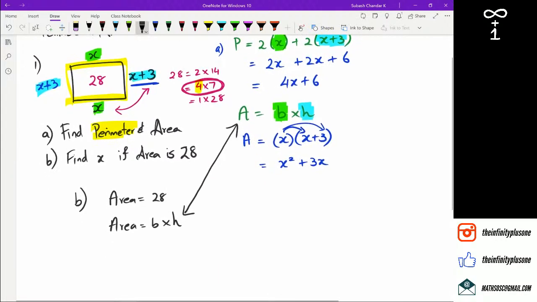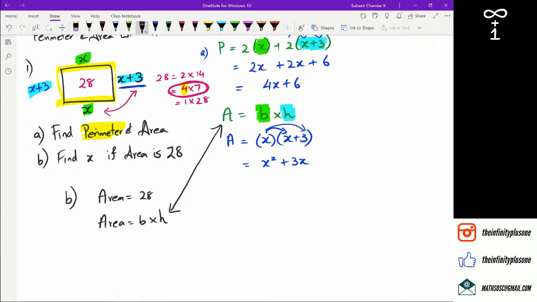Because area is equal to base times height, which is equal to x squared plus 3x, and because your area is 28, we can put the 28 in front here. The formula for this rectangle is x squared plus 3x, and if the area equals 28, then we can say 28 equals x squared plus 3x.